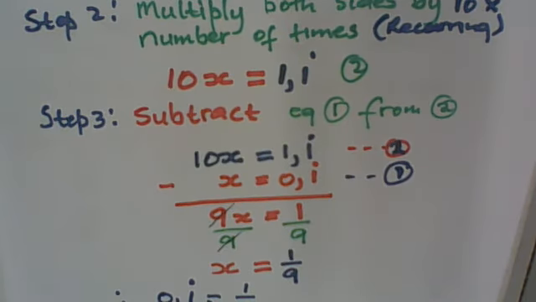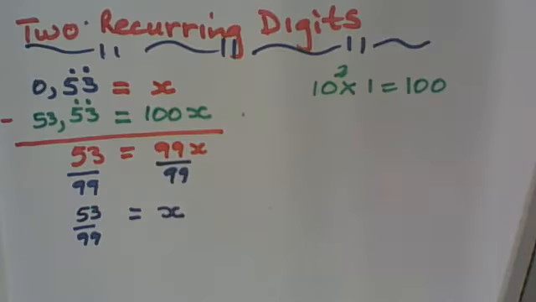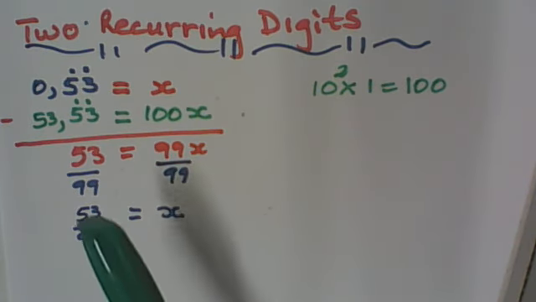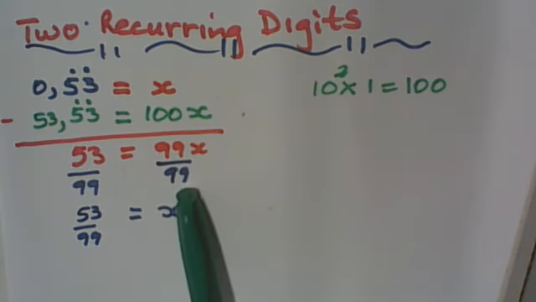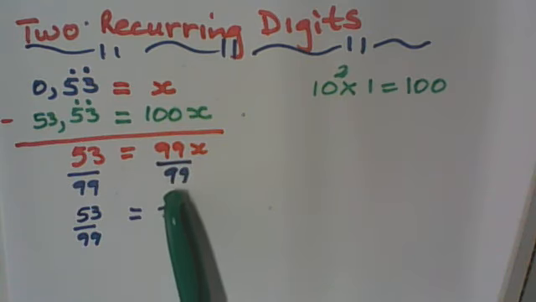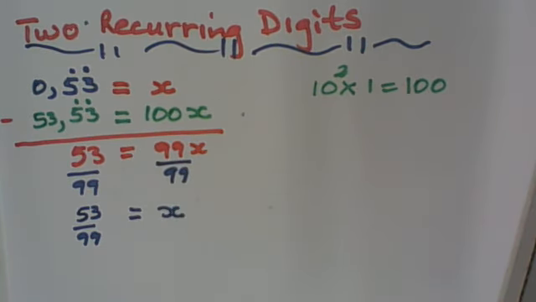Why? Because there was only one recurring number. Now let's get to this one. How many recurring numbers? 2 digits that are recurring. Now let us look at the digits below, that is the denominator. How many 9s are there? 1, 2.